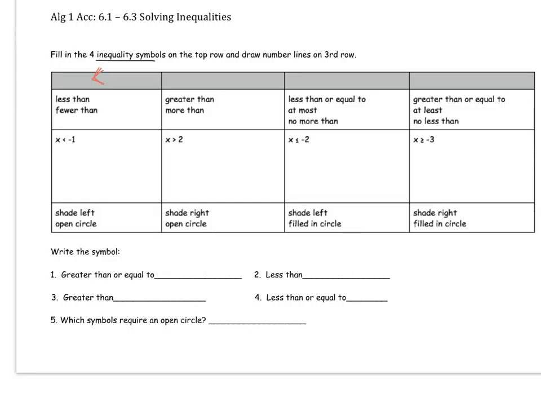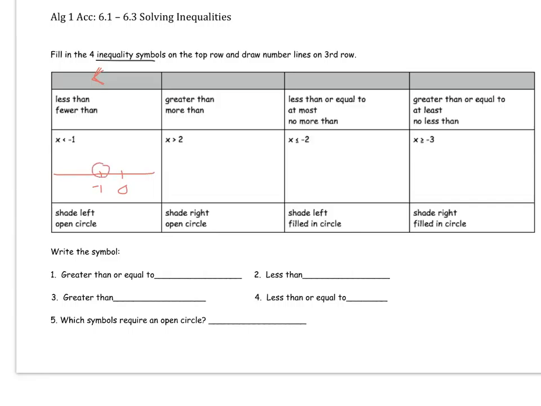When we are graphing a number with less than, we're going to graph x is less than -1. These are all going to be graphed on a number line. So I'm going to show you 0 on the number line and then -1. The symbol for less than is going to be an open circle.